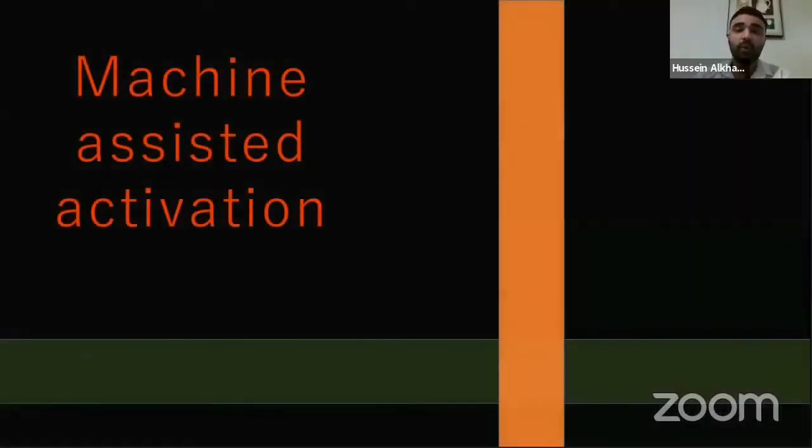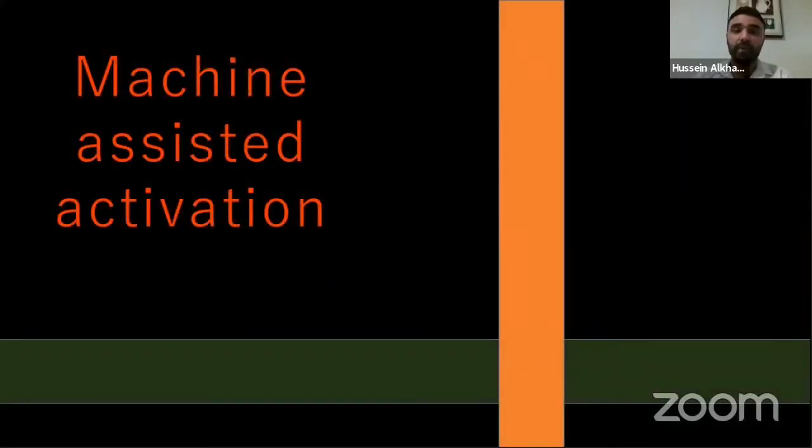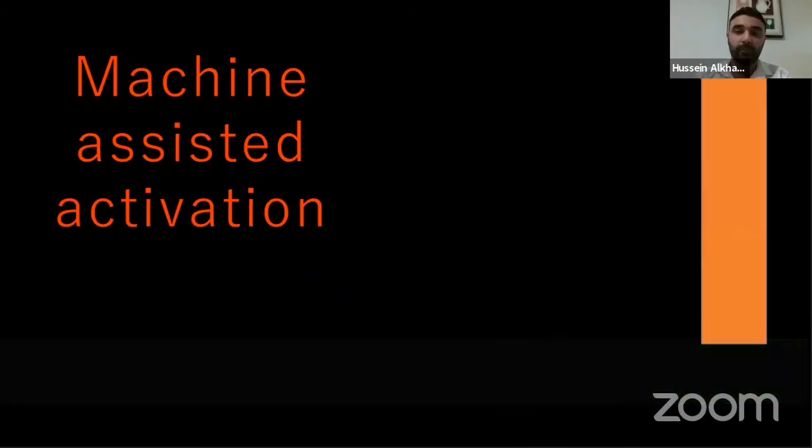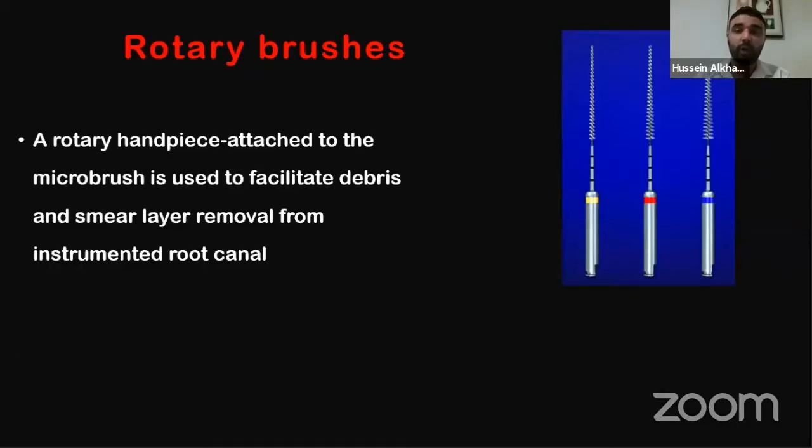Now, let's move on to the second category, which is machine-assisted activation. There are various activation methods that lie within this category. The earlier form of activation in this type was the rotary brush, where brushes are mounted on a handpiece to facilitate debris and smear layer removal.